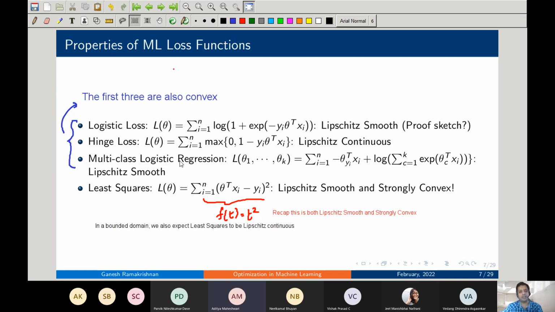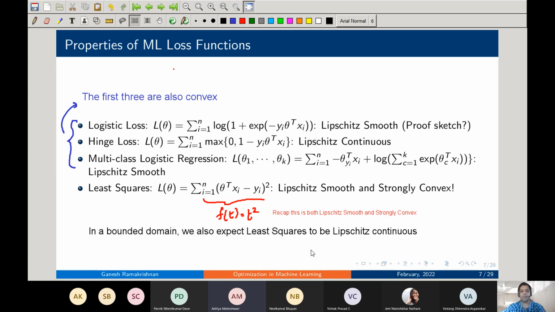Here we already know that there's an upper bound on the rate of change of the gradient. Otherwise, never assume that one implies the other.